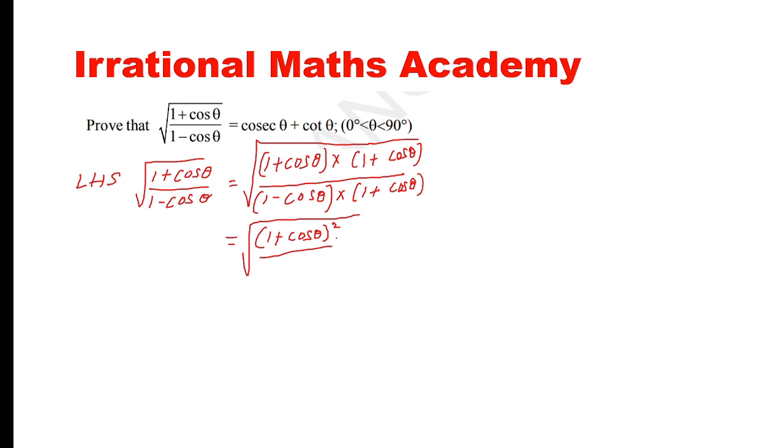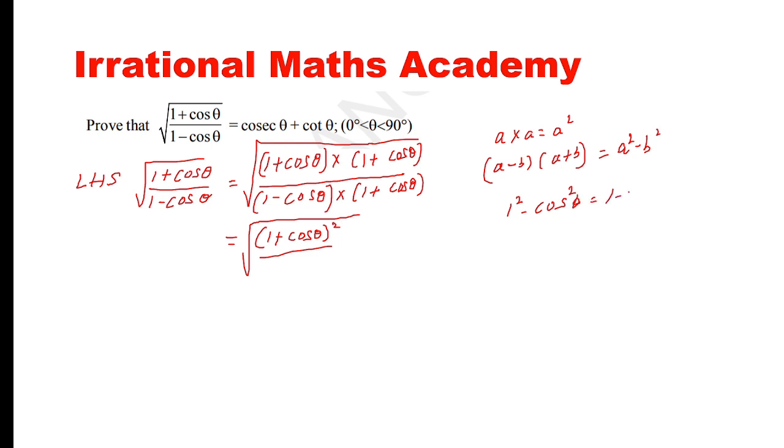And in the denominator, A into A gives A square, and we have A minus B into A plus B. If you remember, this is a formula: A minus B into A plus B gives A square minus B square. In our case, we will get 1 square minus cos square theta.